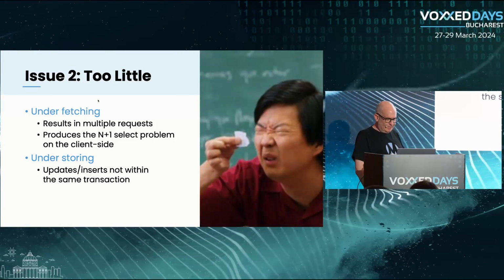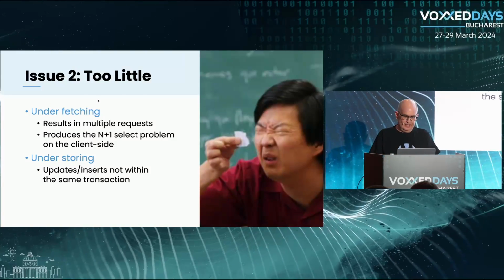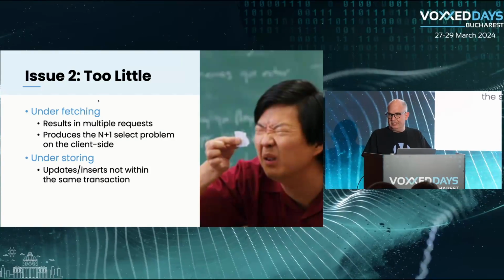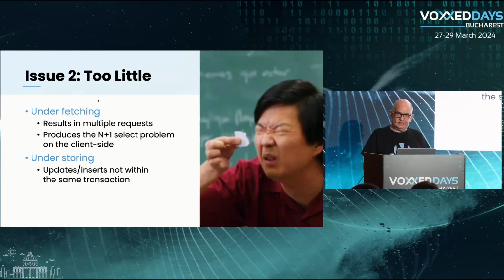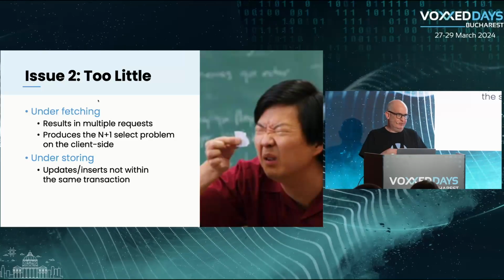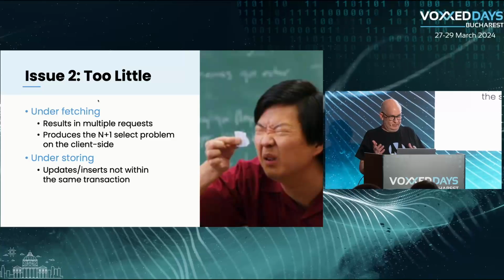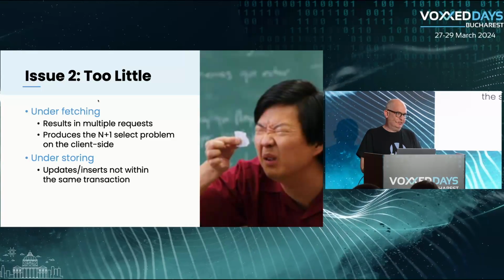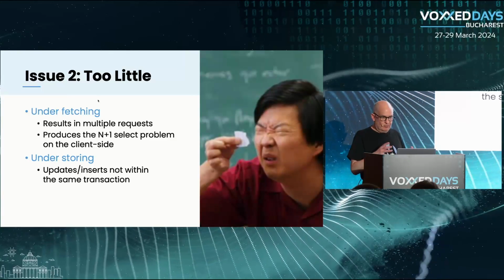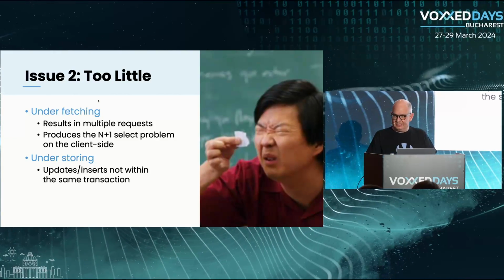And on the other hand, we have maybe the problem that we don't send all the data that we need to update or to insert, and then we have multiple requests to update or insert data. That will mean we lose transactionality, so we don't have ACID transactions on the client, and this may result in inconsistent data on the server side. So that's the problem when we build a REST API in a naive way.